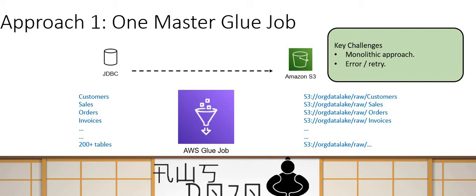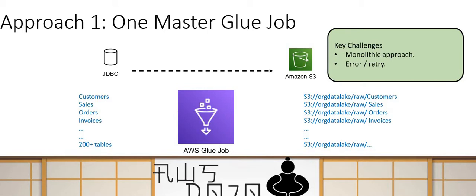There's some error in the script, some schema change, I don't know. Anything can happen. But suppose that in this whole monolithic script, out of 200 tables, you have ingested 30 tables, and on the 31st table your script fails.